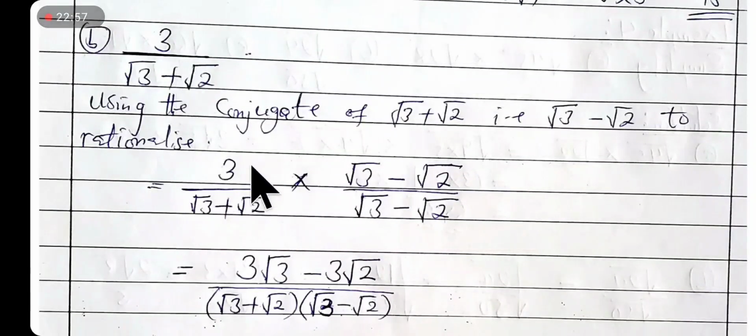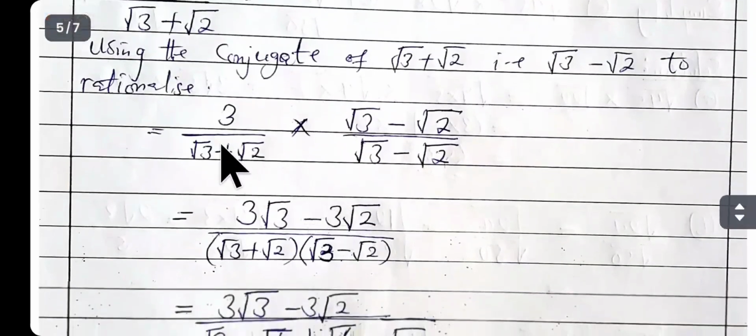Alright, this is going to be equal to 3 over root 3 plus root 2, which we have before, times the conjugate of this, root 3 minus root 2 all over root 3 minus root 2.